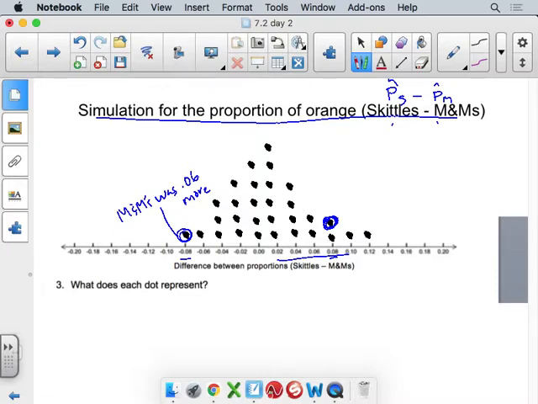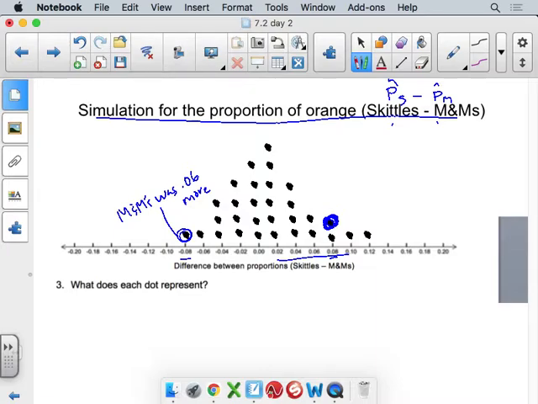Let's say this is our class set, and this blue one here was the one that I did, where I got 13 out of 50 and 9 out of 50. So what does each dot represent?